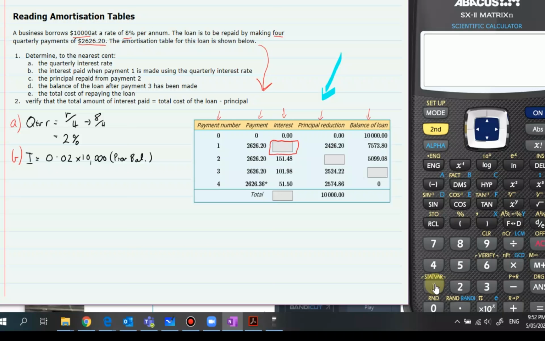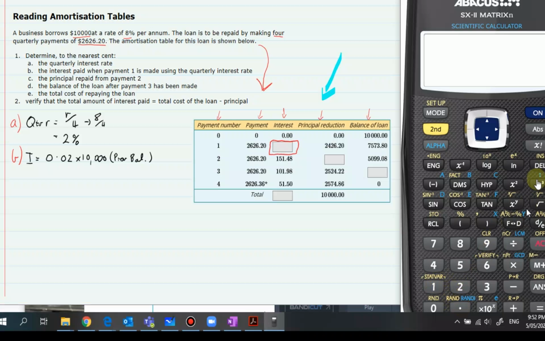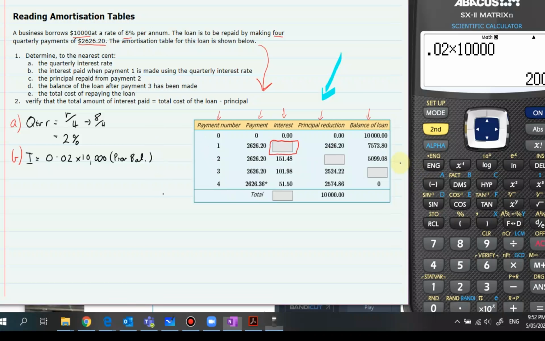We pop over here, .02 times 10,000, we get $200. So in here I can put 200. This interest column is equal to the interest rate multiplied by the previous balance. Our previous balance was 10,000, multiply that by the interest rate, and that gives us the amount of interest paid.